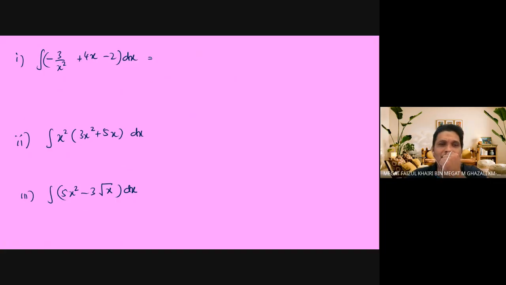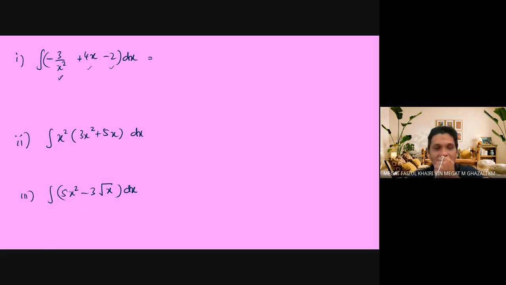For the first one, we have negative 3 and 1 over x squared here. For this kind of question, the first option is you can simply integrate the terms one by one: term 1, 2, and 3.